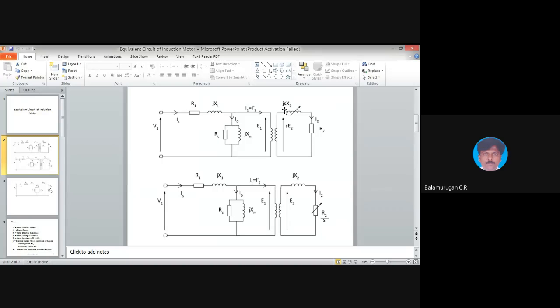Then on the secondary side, what is the difference between the transformer and the induction machine? You can refer to the first equivalent circuit and tell the answer. Post the answer in the chat box. What is the additional element we included in the case of the induction motor? Any additional elements included or not? If included, what element did we include?